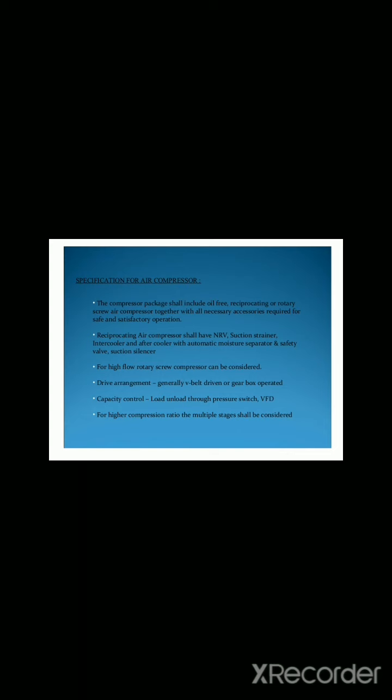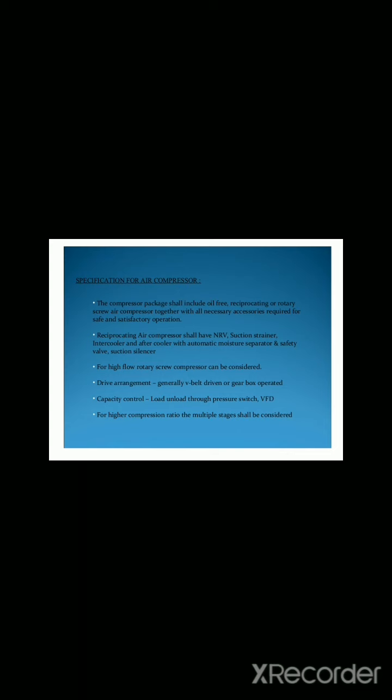Next point is drive arrangement. Generally V belt driven or gearbox is operated. Next point is capacity control. There is load unload through pressure switch.